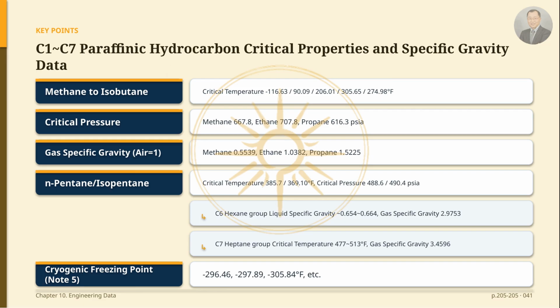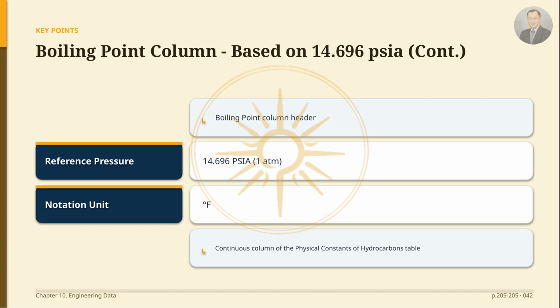The hexane series has a liquid-specific gravity between 0.654 and 0.664, and the gas-specific gravity is identical at 2.9753. The heptane series has critical temperatures ranging from 477 to 513 degrees and a gas-specific gravity of 3.4696. Values marked with Note 5 represent ultra-low temperature freezing points, such as minus 296.46 or minus 305.84. This part is the column header for the boiling point in the hydrocarbon physical properties table.